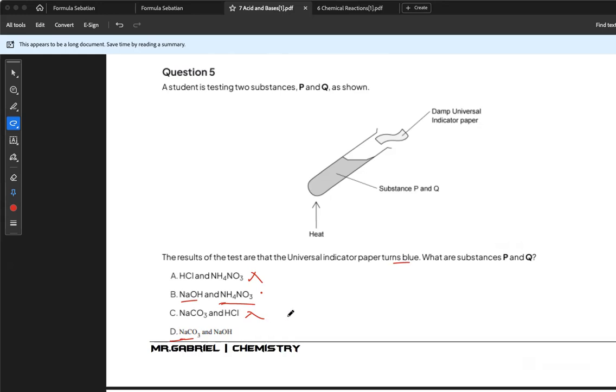Are you serious? What's this? Why can't it be? It's 100% not A or C. Sodium carbonate.